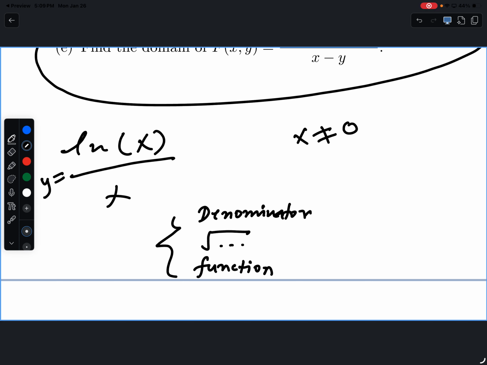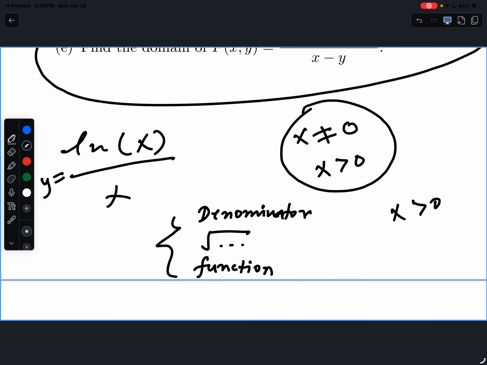It means the value of x cannot be 0. And then there is no square root in this function. The third thing that I have to look at is what is the function? So the function involved is natural log. And I know that inside natural log, the value cannot be 0 and cannot be negative. It is always a positive value. So by using these two things, obviously I know that the value of x should be greater than 0.